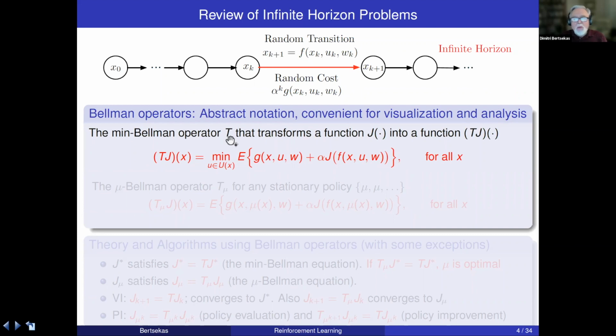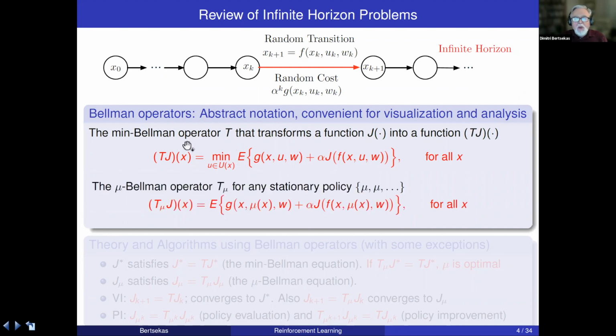There are 2 Bellman operators, the min Bellman operator T and the mu Bellman operator T mu that corresponds to a stationary policy mu. Mu here is a policy, maps states to controls.